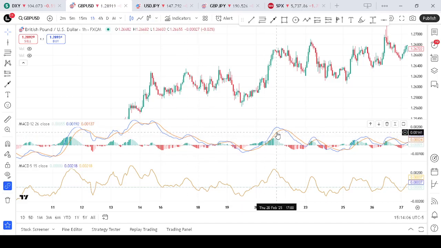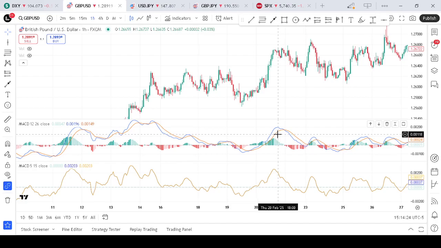The signal line is this yellow line over here in the standard MACD, while the MACD line is the blue line, as you can see here. So when it is above the signal line, you can only take long trading opportunities, and when it is below the signal line, you would only take sell trading opportunities.